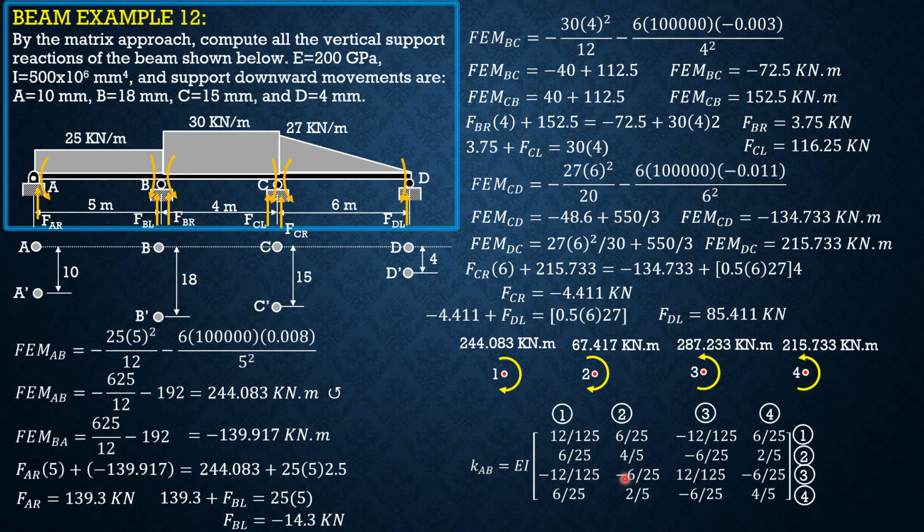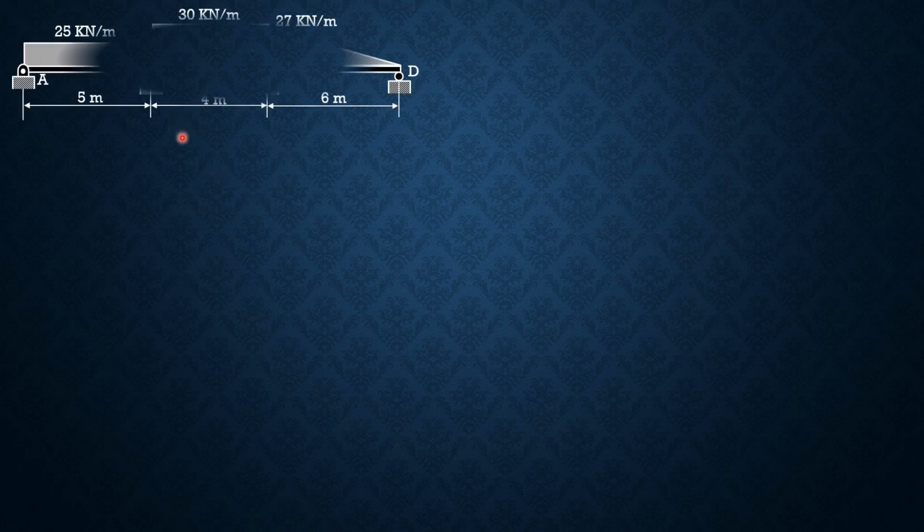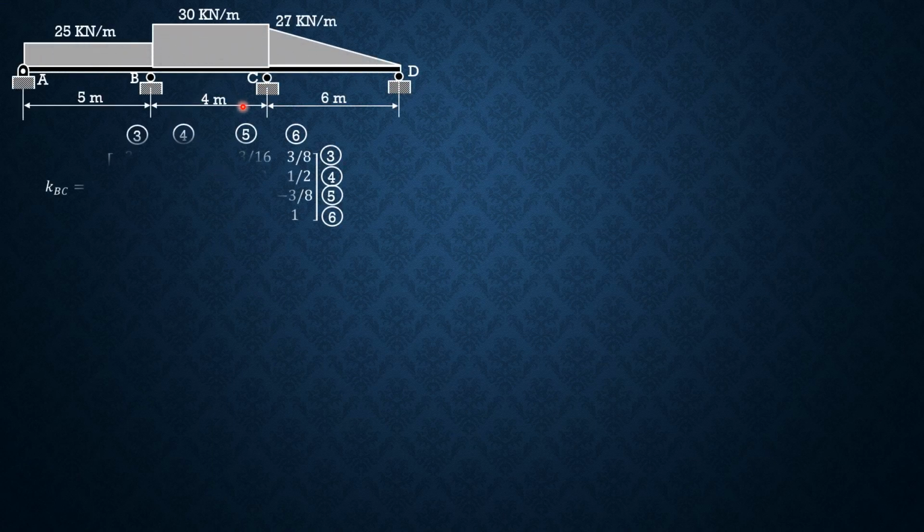So that's it. Then we proceed to the stiffness of member BC, bounded by 3, 4, 5, 6. We have 12 times 1, EI is factored out. So 12 times 1 over 4 cubed is 3 over 16. The next entry is 6 times EI, 1 over 4 squared, so 3/8, the negative of this entry, and we just copy that entry.